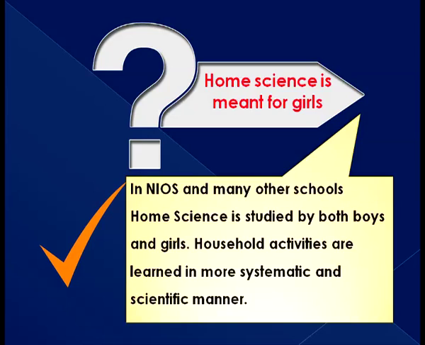And at secondary and senior secondary level, besides NIOS, many other schools and boards are offering home science where both boys and girls are studying this subject. And household activities nowadays are shared by both, in a more systematic and scientific manner. So this is just an example of why it is required by both men and women, boys and girls.